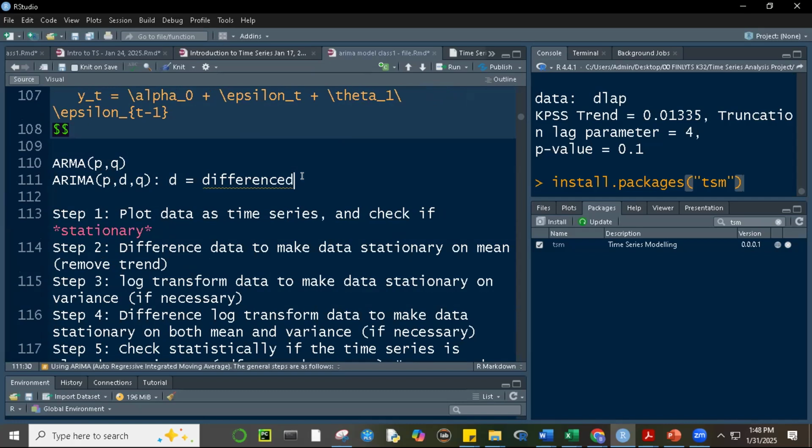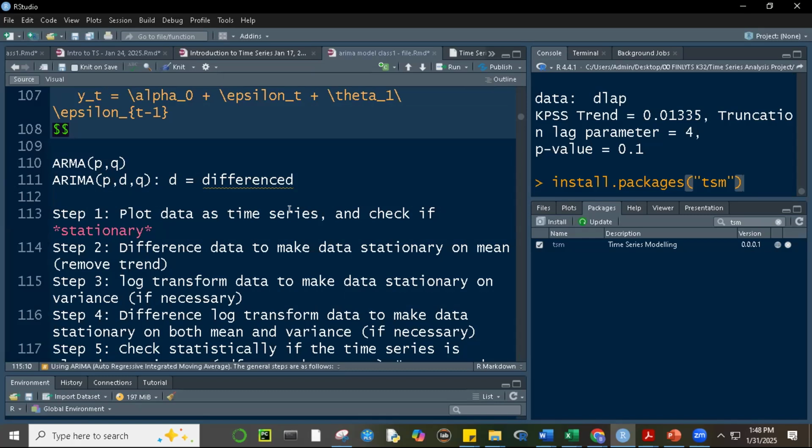If you recall the air passengers data set that we were using, if you're going to model that AP or air passengers data set, then d will have to be 1, which means that you'll have to difference the data in order to make it stationary. Okay, so we'll have more examples of this as we go along.